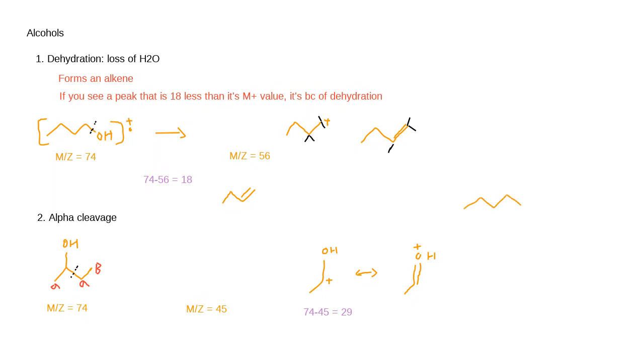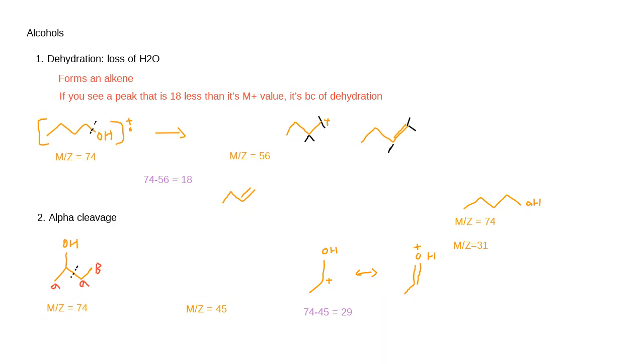Okay. Now let's say I have this structure, the same structure as the one above, but the mass spec this time is going to be m over z equals 74, and this time, let's say we have m over z equals 31. Okay.